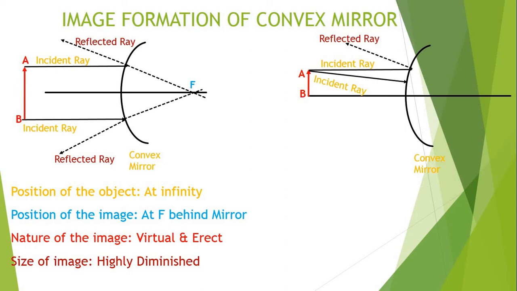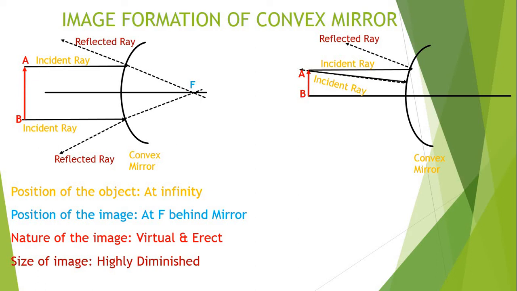Once this incident ray strikes the convex mirror, it will follow the laws of reflection, but here the reflection will not make any angle. It will retrace the same path from where the incident ray came. So it will follow the same path.